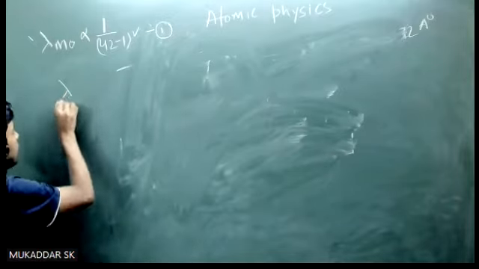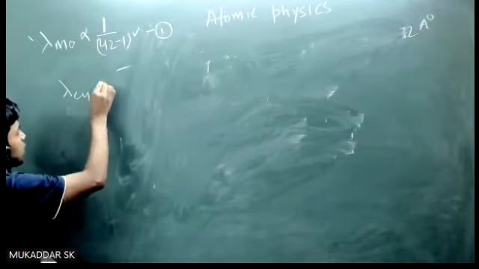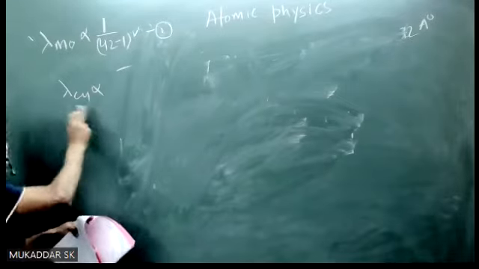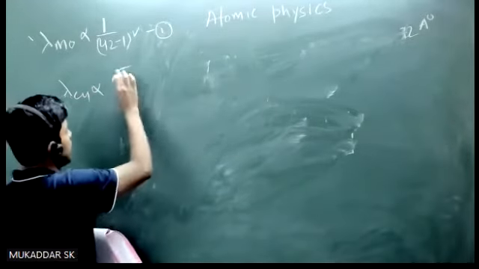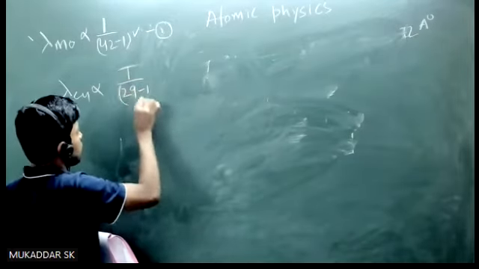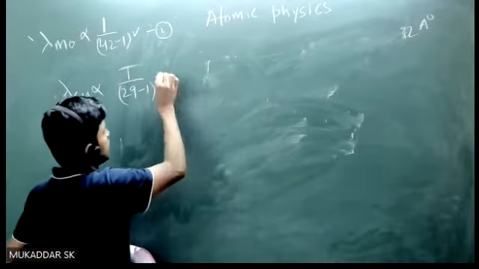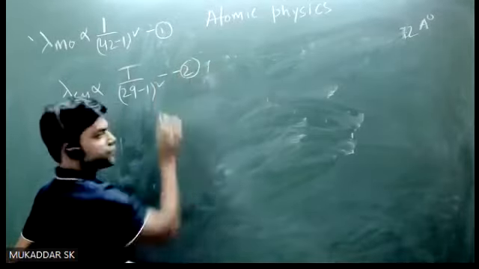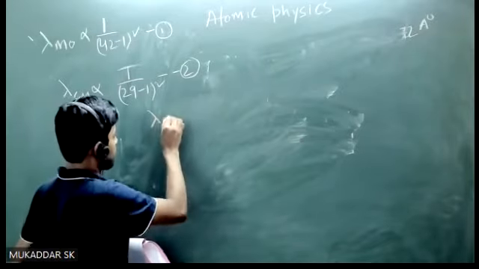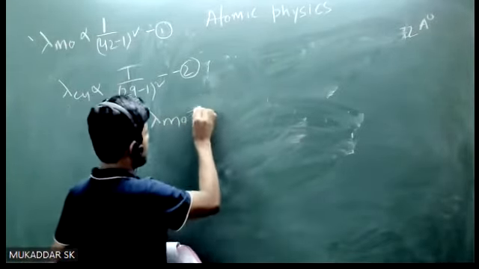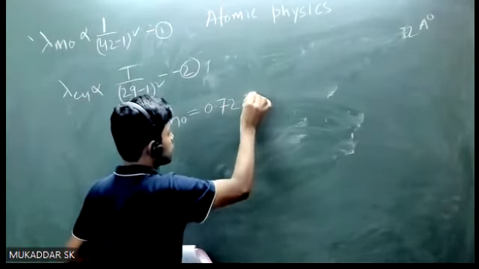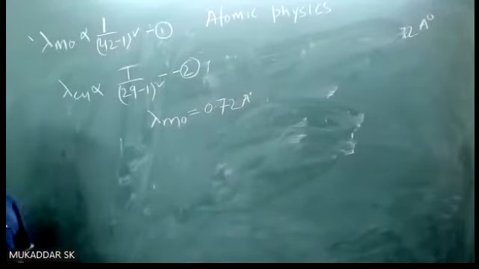Similarly, you can write for lambda of copper, the wavelength of X-ray emitted by the copper target, and that will be simply inversely proportional to (29 minus 1) whole square. Let us take this as equation number 2. Is it clear to all?